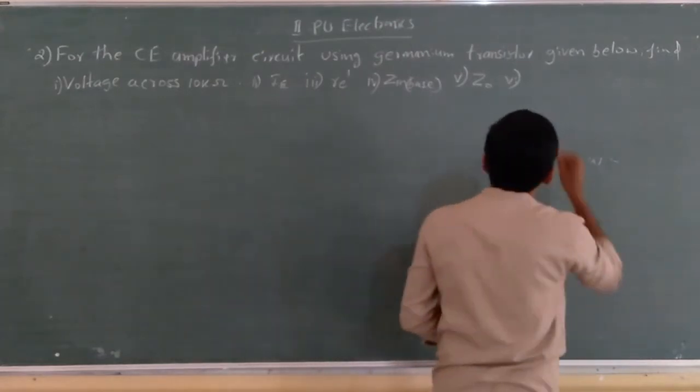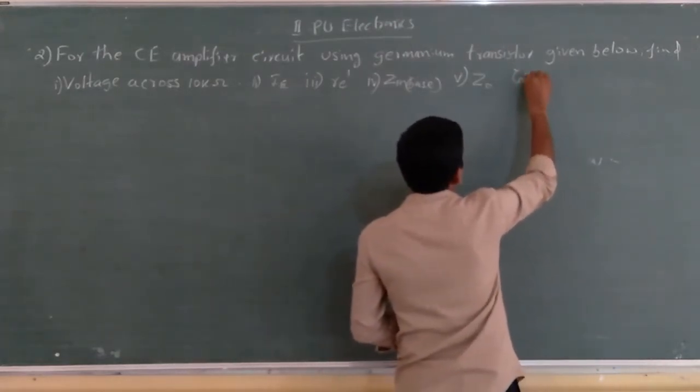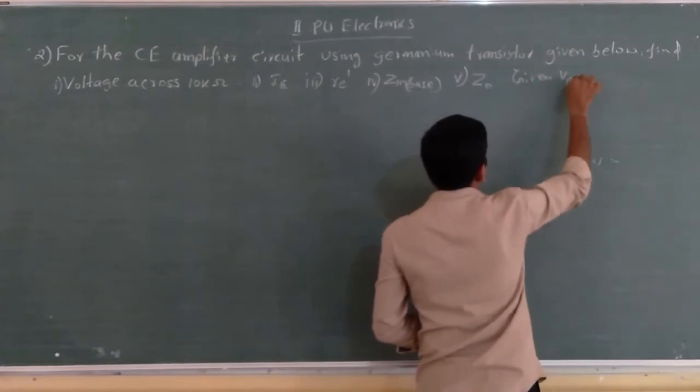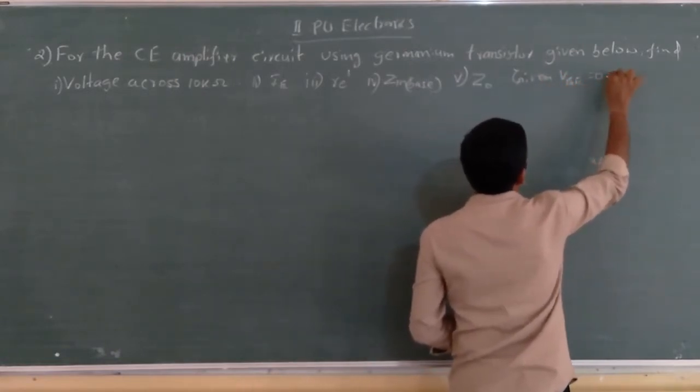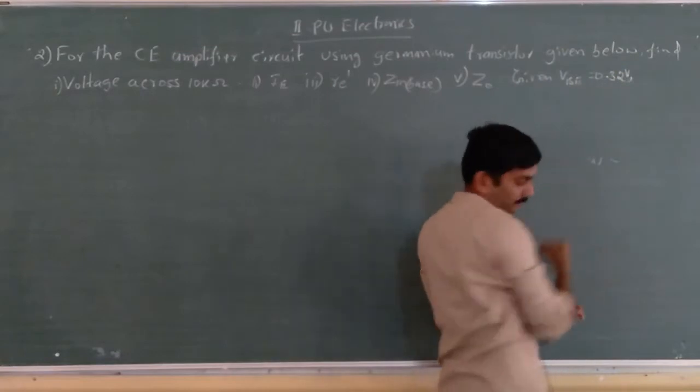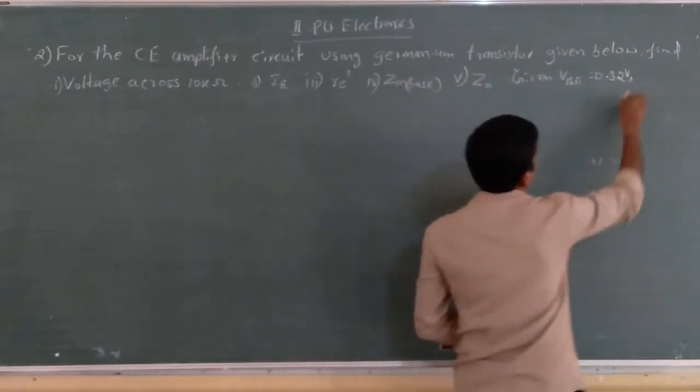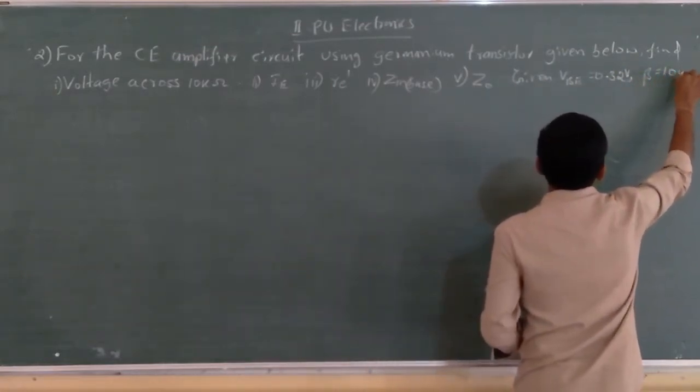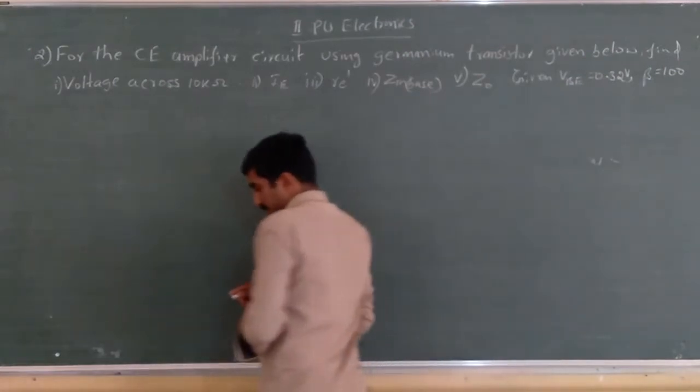Okay, given VBE equal to 0.32 volt and beta equal to 100. And the circuit is also given.